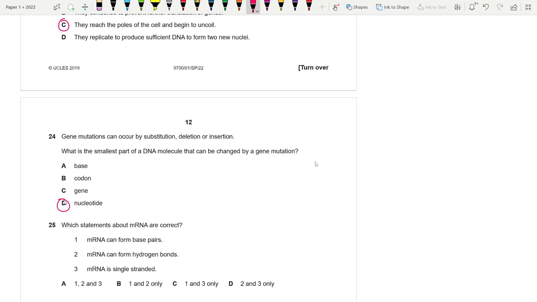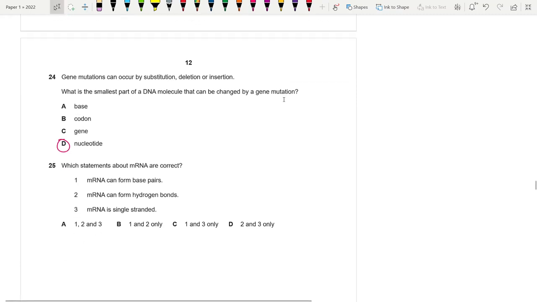Nucleotide is one of them. What is a base? A nitrogenous base is either pyrimidines or purines, right? But we don't say that the base changes. We say that there is a change in the nucleotide. It comes as a unit. It has 3 parts, right? The deoxyribose or ribose sugar, deoxyribose for DNA, phosphate, and the base. So we say that the nucleotide is the smallest part that can be changed.